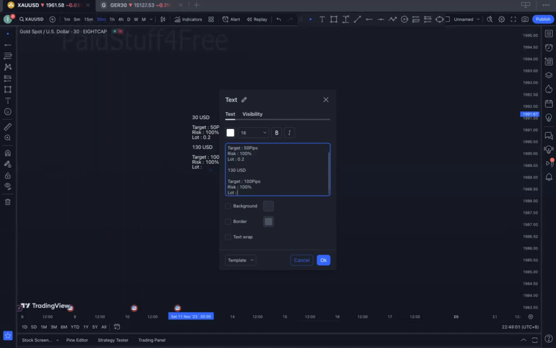I think my FX book is not 100% accurate sometimes. No, tell me the account size first. The account size is 130. Then the risk ratio, put 100%. Stop loss 150. And then your trade size 0.001.